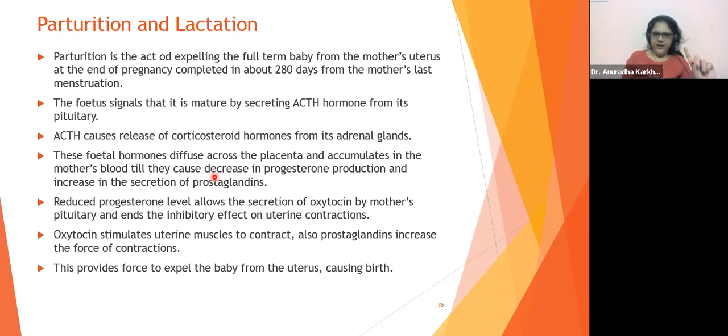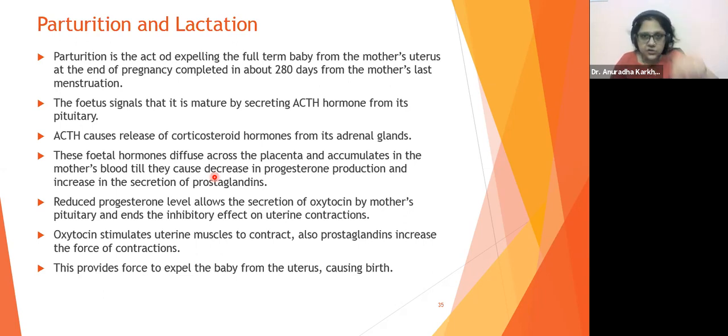Very important. Now see, reduced progesterone level allows the secretion of oxytocin by the mother's pituitary and ends the inhibitory effect on uterine contraction. So as the progesterone level keeps decreasing, the oxytocin level is also increasing. So prostaglandin level is increasing and oxytocin level is also increasing.